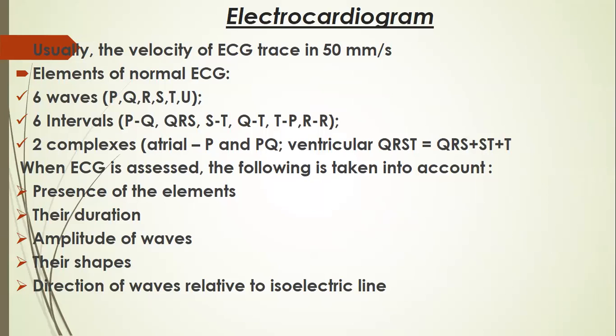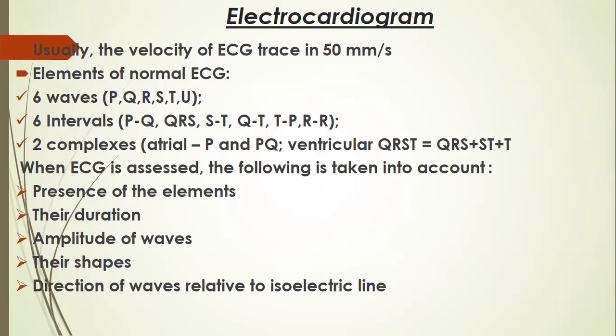Usually, the velocity of the electrocardiogram trace is 50 millimeters per second. There are several elements of a normal electrocardiogram: 6 waves, 6 intervals, and 2 complexes.